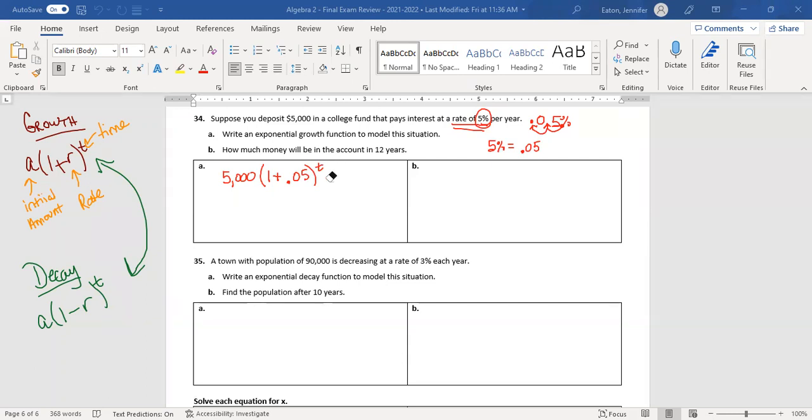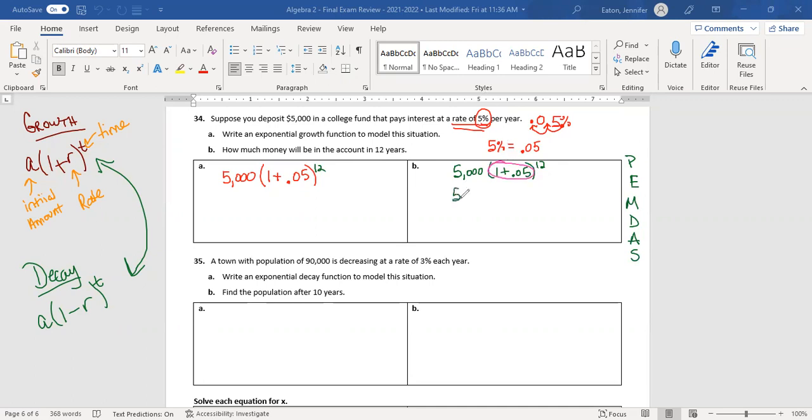But we are solving for part B. We want to know how much money is going to be in the account after 12 years. So I'm going to throw a 12 in there. So let's solve this down. We have 5,000 times 1 plus 0.05 to the 12th. We do our PEMDAS. Please excuse my dear Aunt Sally. The P stands for parentheses, so we need to solve what's in parentheses first.